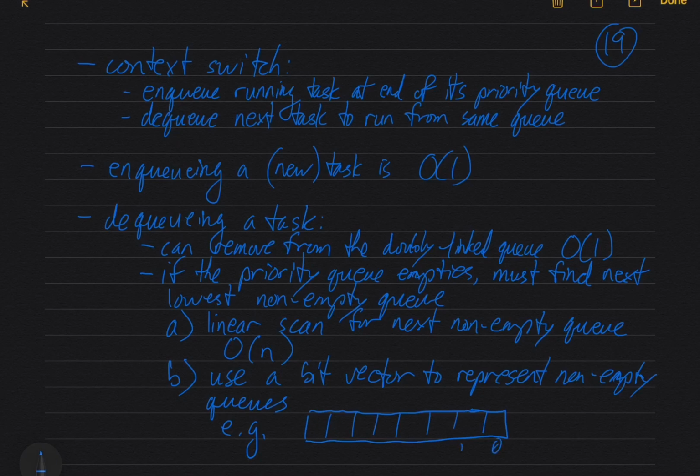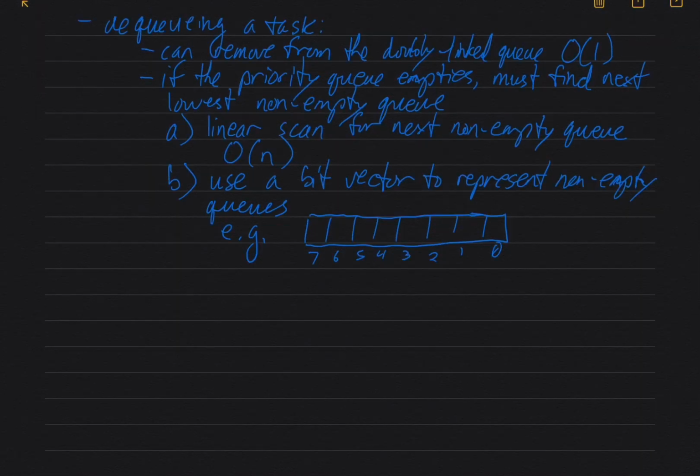And each bit represents a priority level. If that priority level has a non-empty queue, there will be a 1. So we had the idle task in priority queue 0. We had 2 tasks in priority queue 2. And in our example, we had 3 tasks at priority level 5.